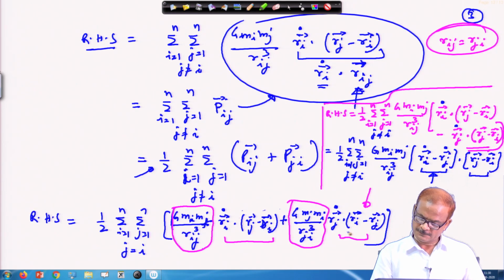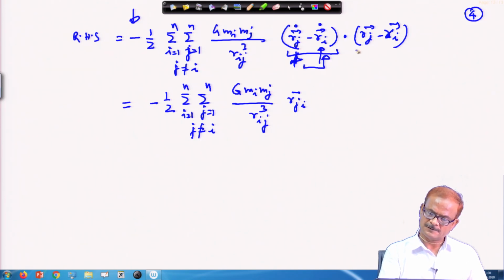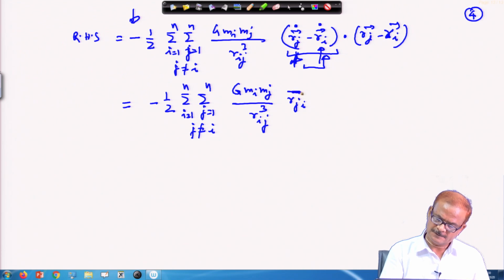So, from this part finally, we are coming to this place. This is r I j dot, because this is a vector from I to j, the symbol we are using is r I j dot.